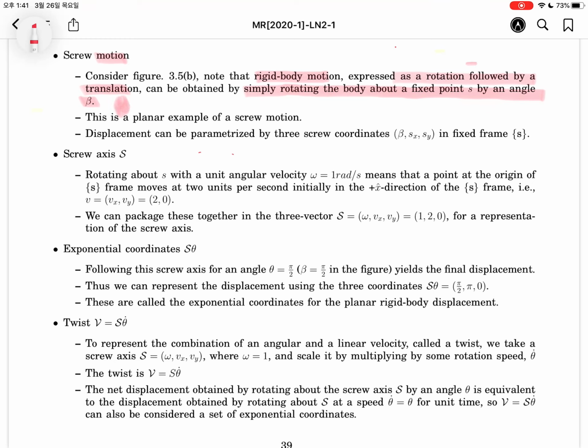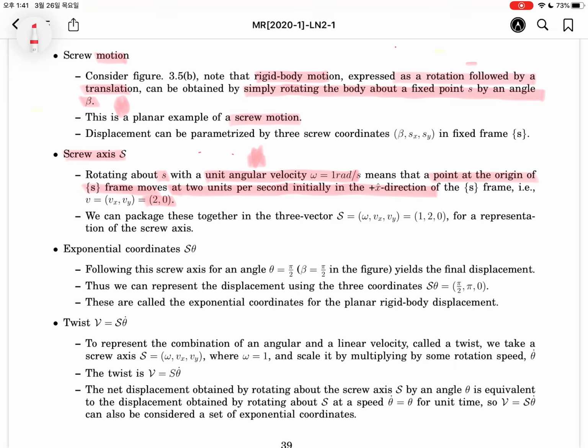Okay, for the notation of a screw axis, rotating about S with the unit angular velocity, a very important concept. When unit angular velocity is applied to the screw axis, the point at the origin of the S frame moves at 2 units per second initially in the x direction in the previous page. So we have 2, 0 as the linear velocity of the space fixed frame.